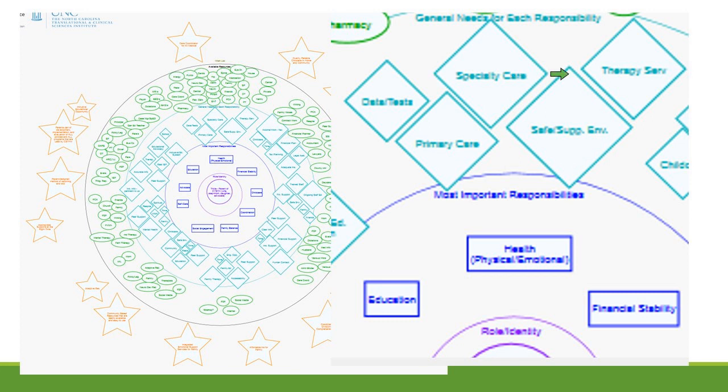I also need therapy services. I need the results and information that we get from all the data and the tests and the evaluations that Charlie takes. And in order to really tend to the needs that are associated with Charlie's health, I need a safe and supportive environment for my son. I think that's really important. So this here is just an inset of what this looks like right in here.